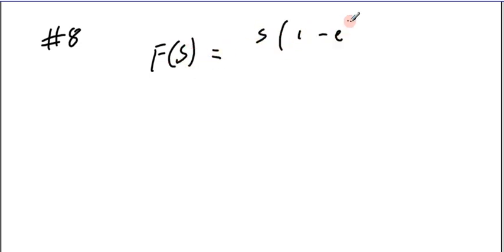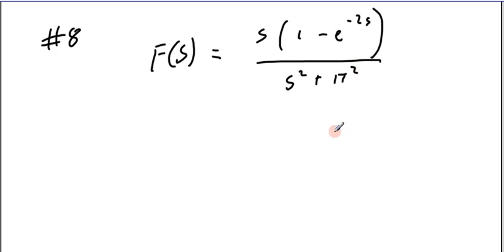Going on to number 8. So f of s is s times 1 minus e to the minus 2s divided by s squared plus pi squared. Okay, again, we see that we have s over s squared plus pi squared, which implies a cosine function, cosine of pi t.